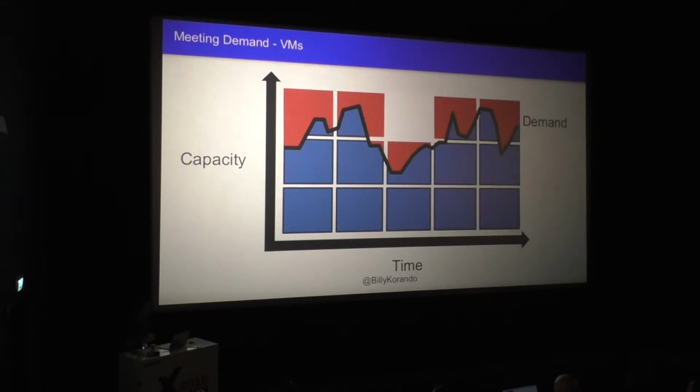Here the hypervisor can adjust to the demand with a bit more granularity and cater for the dips, so it can take a VM offline or provision another one should there be a peak in demand.